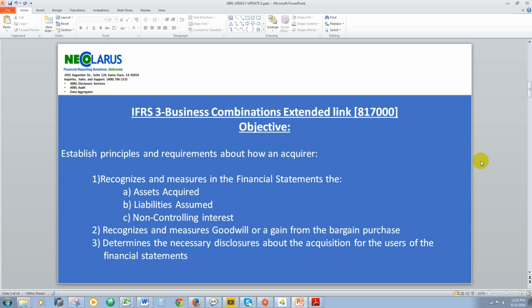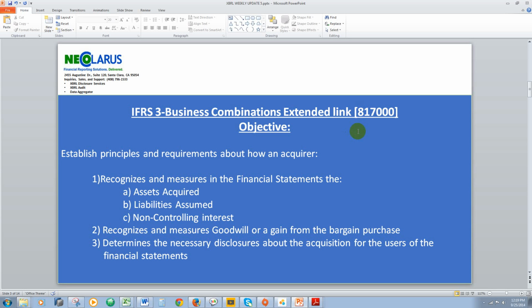So this slide talks about the basic objective of IFRS 3 business combination, and we can also see the reference to the extended link in the IFRS taxonomy, which is IF 817000. So what is the objective of IFRS 3 business combination?